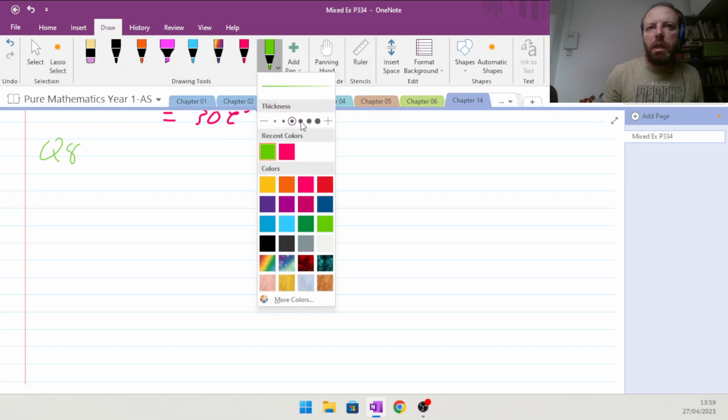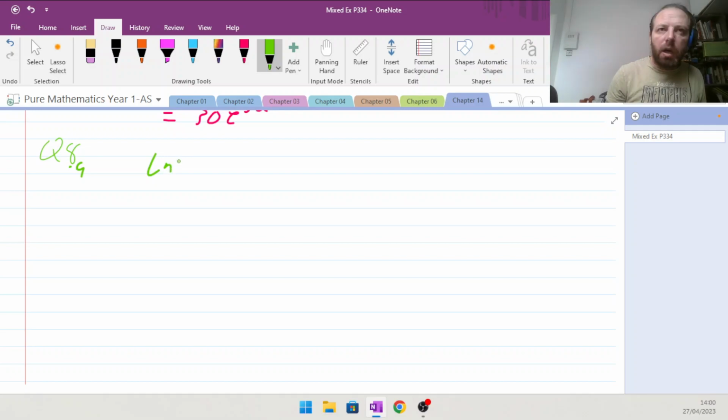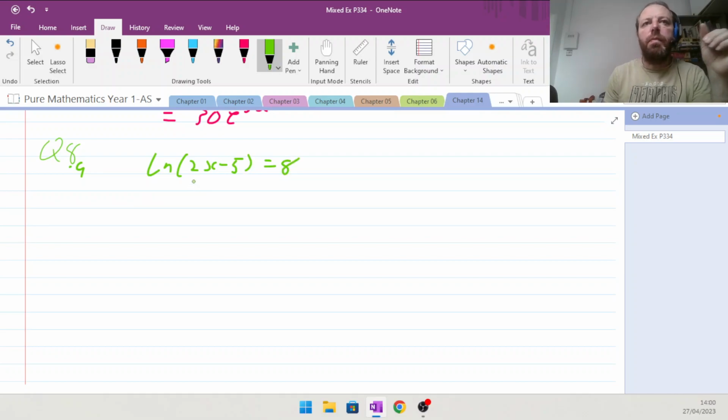Question 8. Okay, A. Ooh, quite a few of these. ln of 2x minus 5 equals 8, and they want it to be solved with an exact solution. Okay, let's raise everything to the power of e.